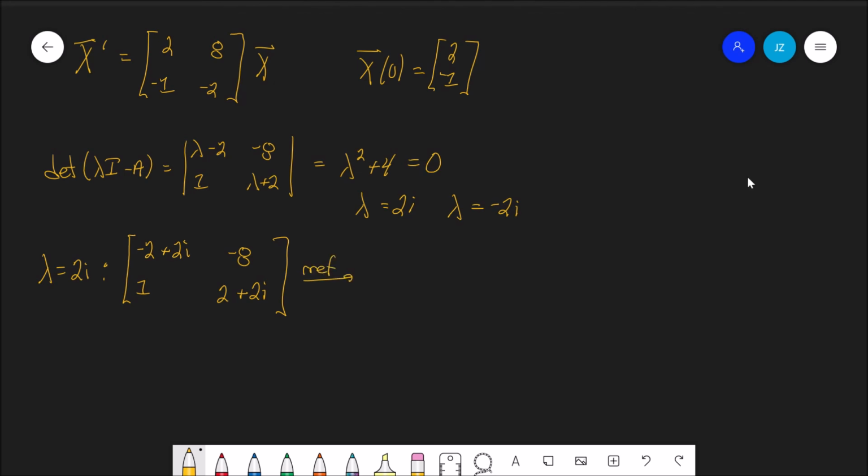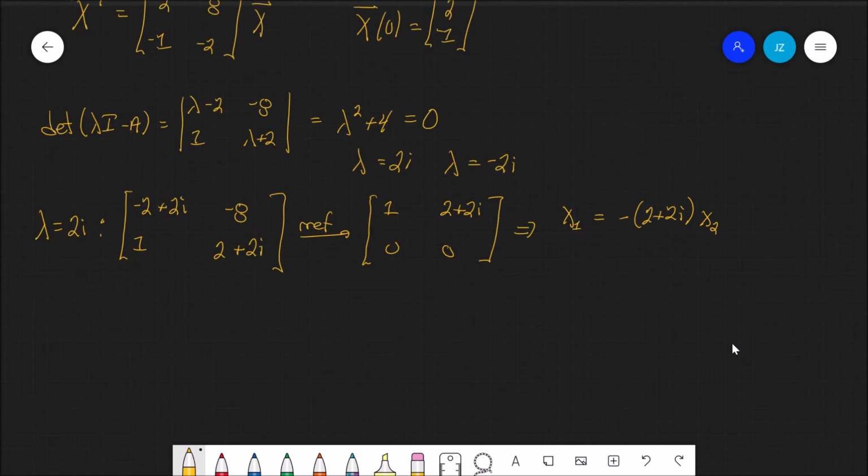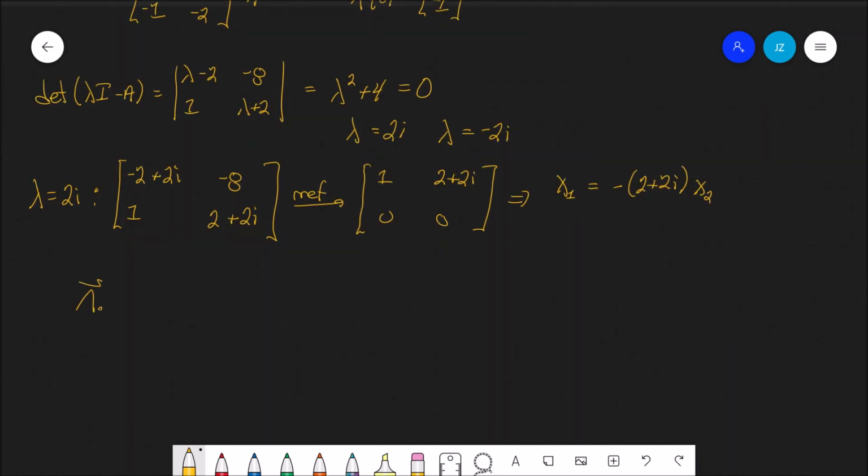Row reduce this: [1, 2 plus 2i; 0, 0], which gives us the system x1 is equal to negative (2 plus 2i) x2, and x2 can be any number. So our eigenvector, let's call it just lambda, is equal to (2 plus 2i, negative 1). I'm picking x2 to be negative 1.